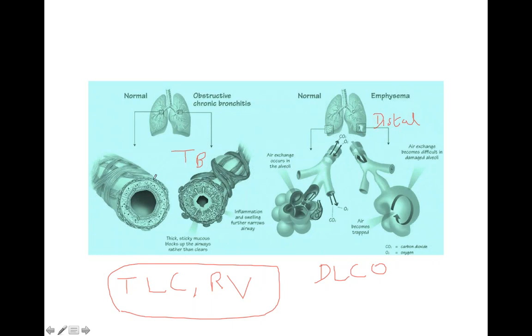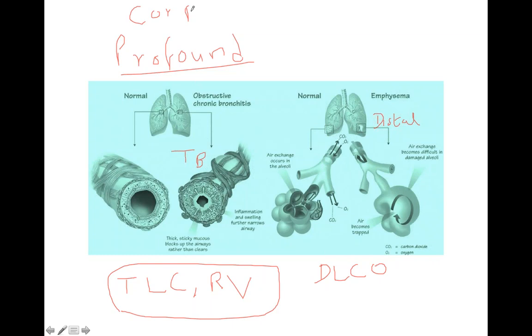In chronic bronchitis, the air will not be able to move out, so the exchange of oxygen with carbon dioxide is impaired and there is profound hypoxemia. Because of this very severe hypoxemia, there will be vasoconstriction, leading to pulmonary hypertension and ultimately cor pulmonale.